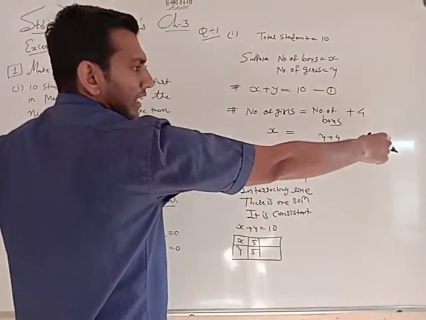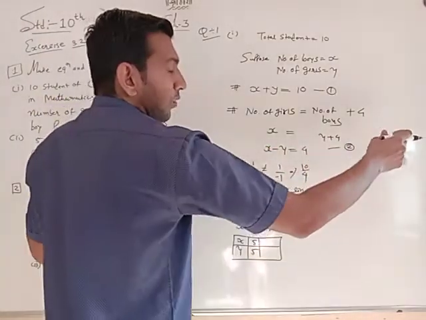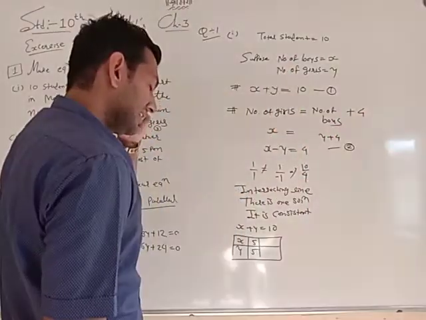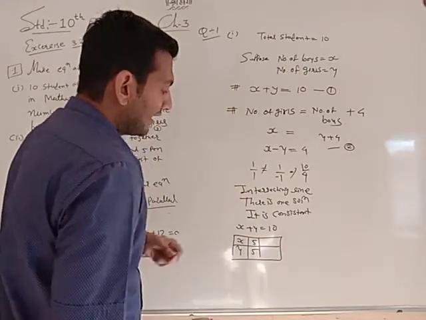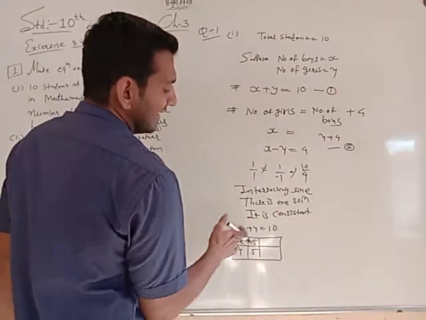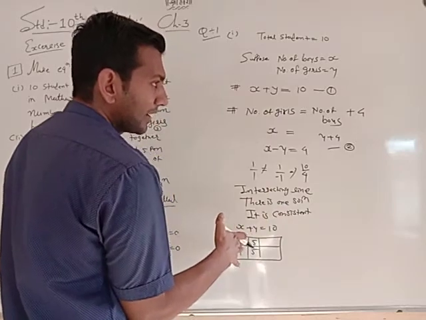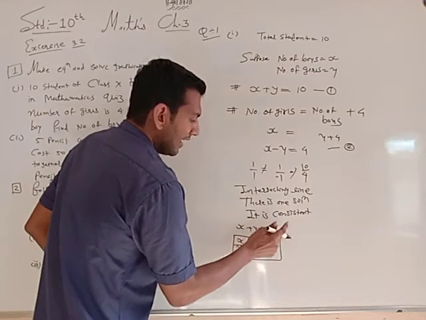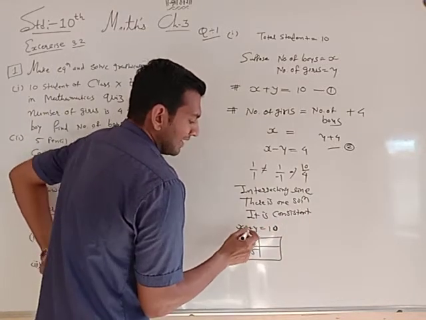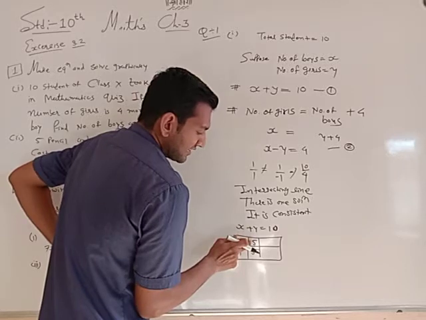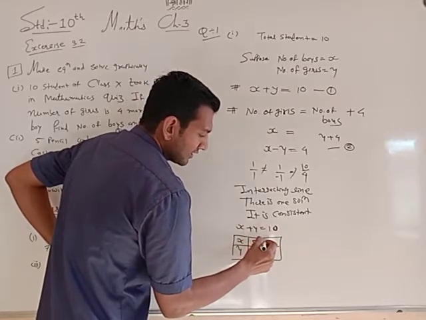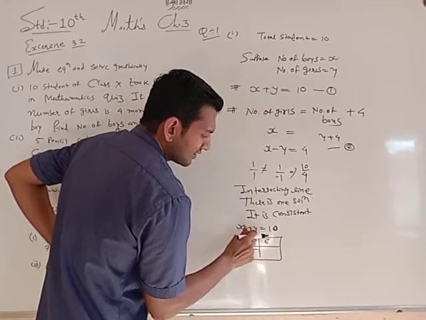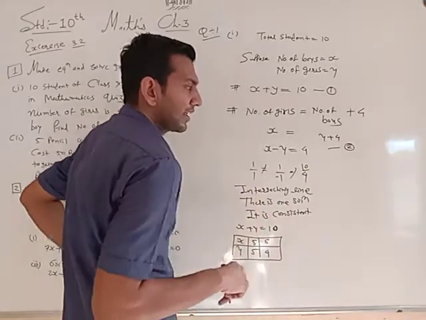I should draw the numbers on the horizontal and vertical lines, so I take numbers less than 10, so it is comfortable. Now x is equal to 5, y is equal to 5; take x is equal to 6, then y is equal to 4. 6 plus 4 is 10.